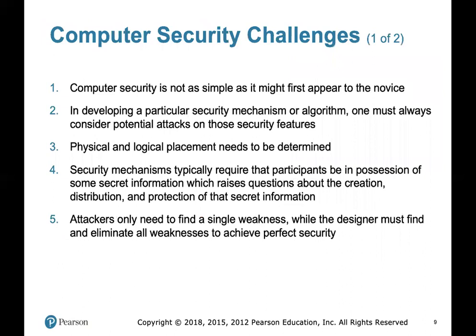Okay, now let's talk about general challenges that we have for making our computer systems secure. We don't want to talk about them in detail and technically. We are just talking at a high level in this lecture. One of the challenges is that computer security is not as simple as it might first appear.